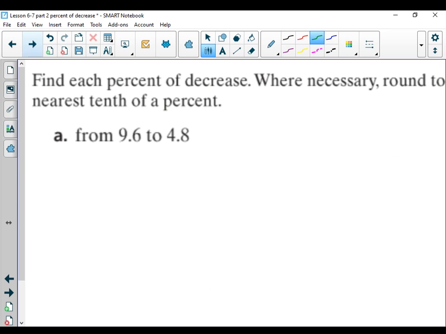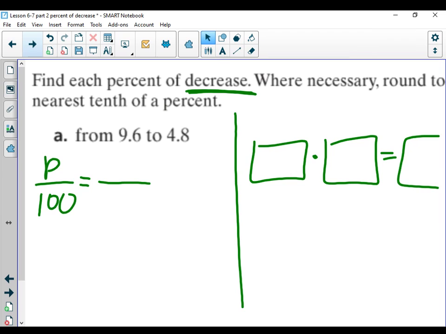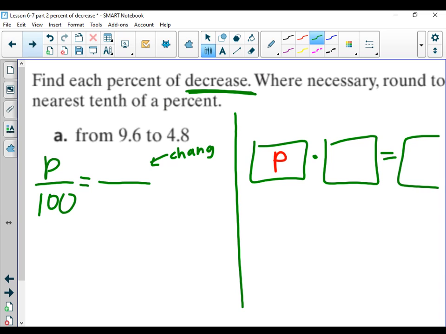So box number 1, find each percent of decrease, which means I started bigger and got smaller. Still today, the percent is what is missing. The percent is the variable. Still today, how much it changes goes here.